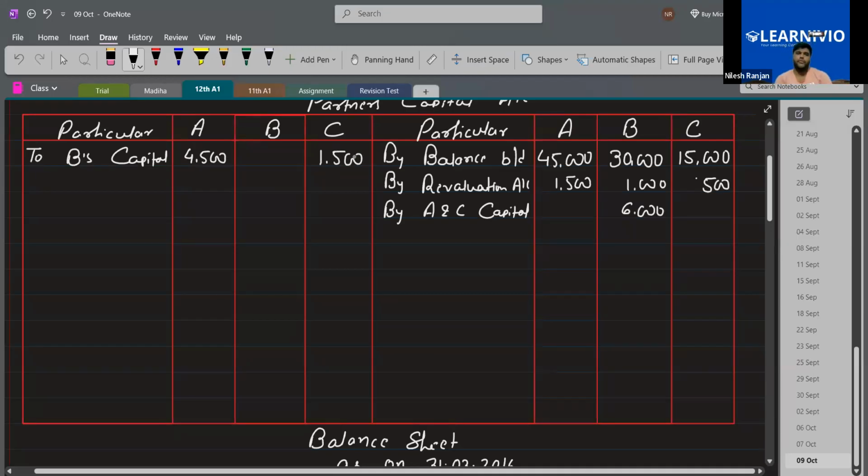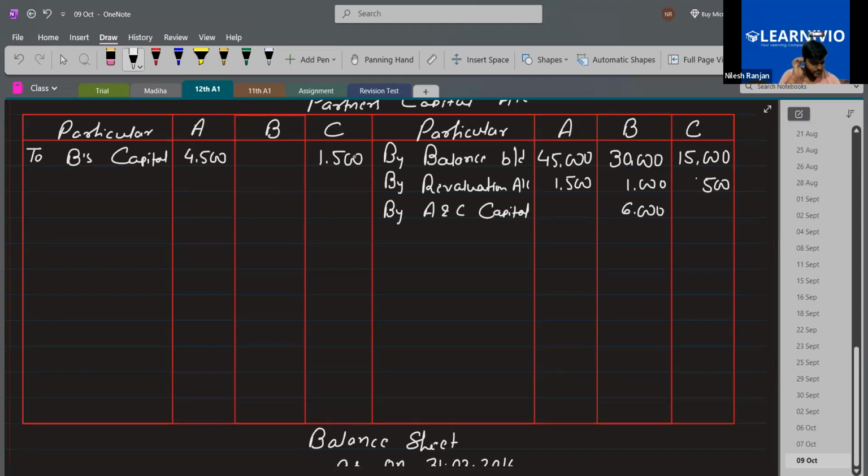Okay, so we have written everything in capital account. There is no reserve in the question, there is no existing goodwill in the question, so no adjustment is required for these two. We have completed revaluation and goodwill. So there were only two things.